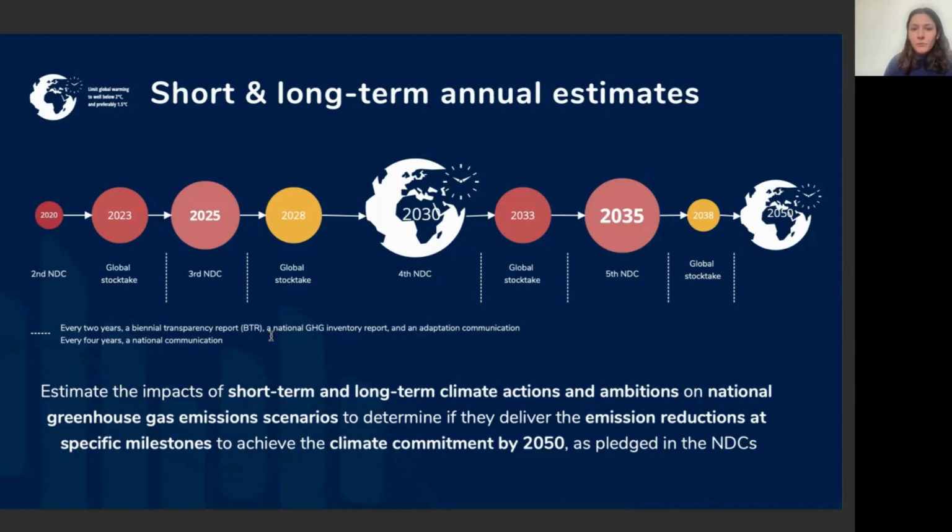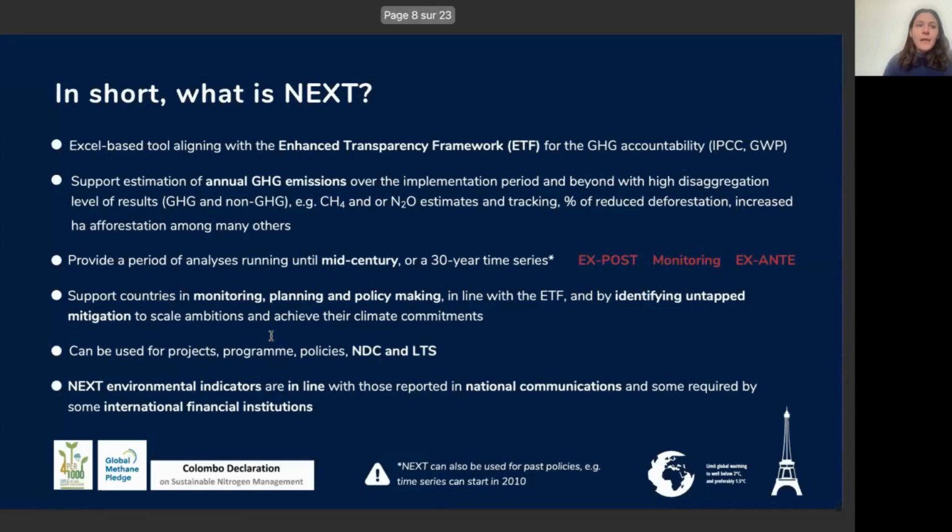So that was the main purpose of the development of the tool. And in short, what is next? It's an Excel-based tool first, and it is aligned with the enhanced transparency framework for GHG accountability.